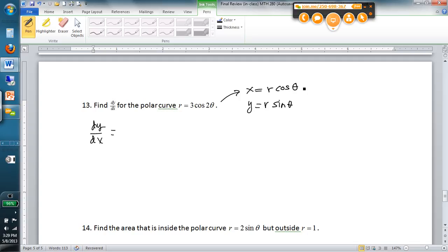Well, in this case, my r is 3 cosine 2 theta. So plug that in for r: x is 3 cosine 2 theta times cosine theta, and y is 3 cosine 2 theta times sine theta.